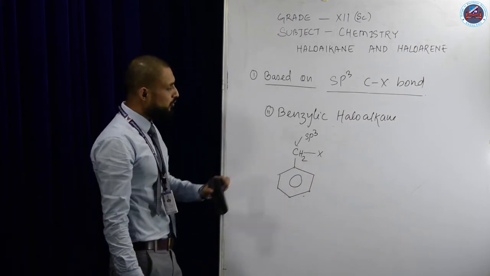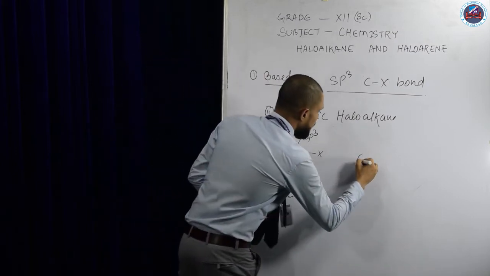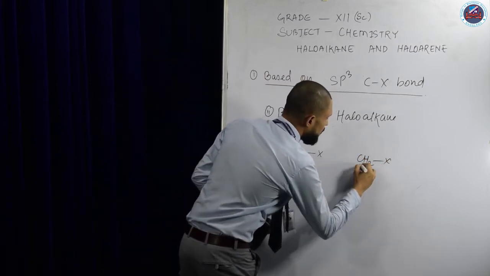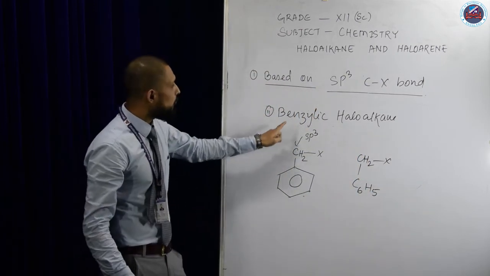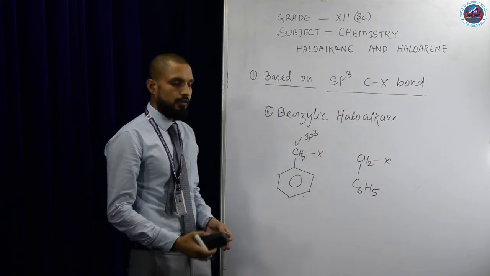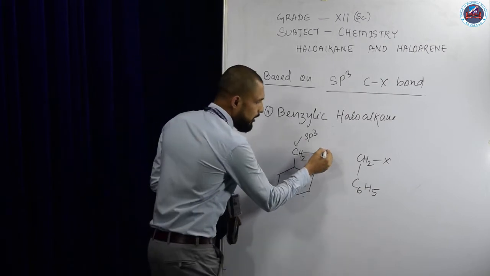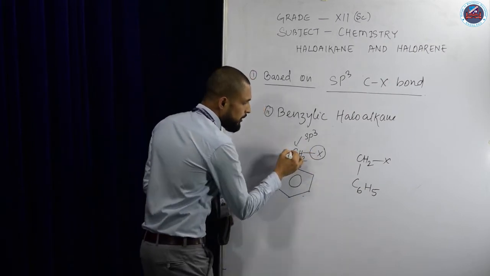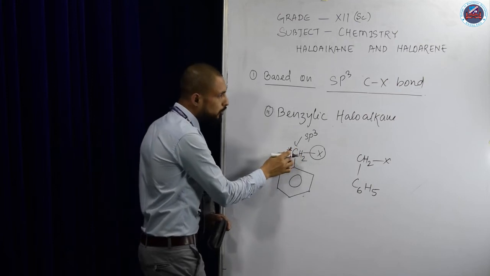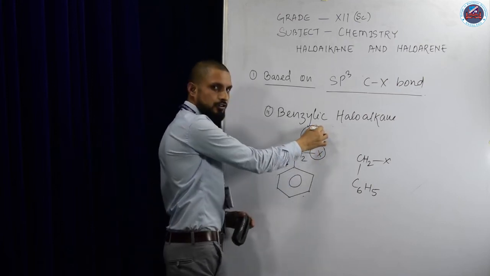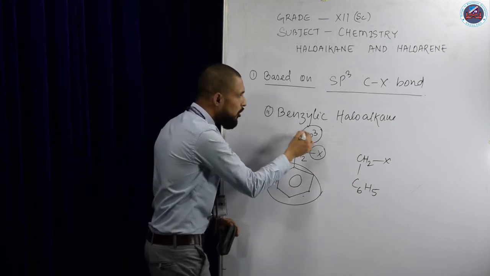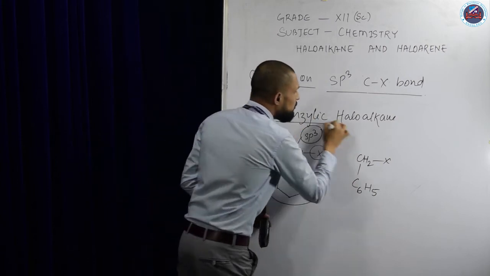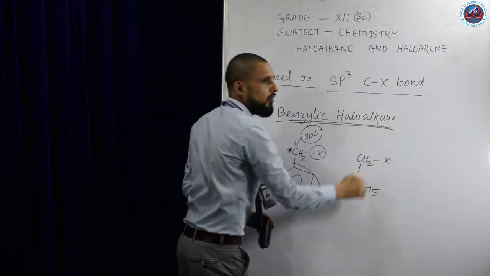So in place of this ring, we can also write C6H5. So this is an example of benzylic haloalkane. So once more, you can see here, the halogen atom is attached to this carbon which uses sp3 hybridization, but is followed by a phenyl ring. So such compounds are known as benzylic haloalkane.